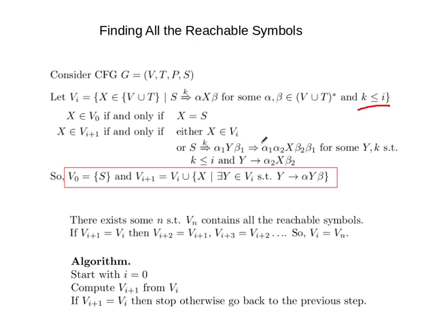So you can think of this alpha 1, alpha 2 as alpha, this thing as beta, but yeah, you take some derivation where this x just appeared at the last step.